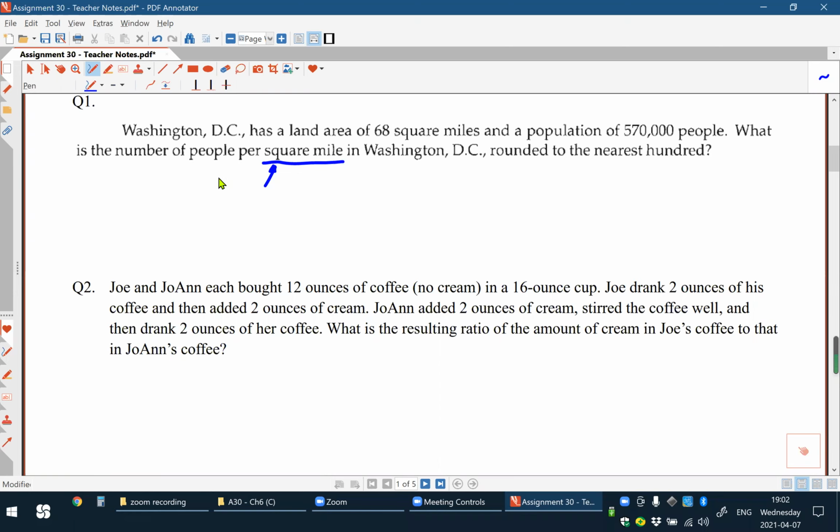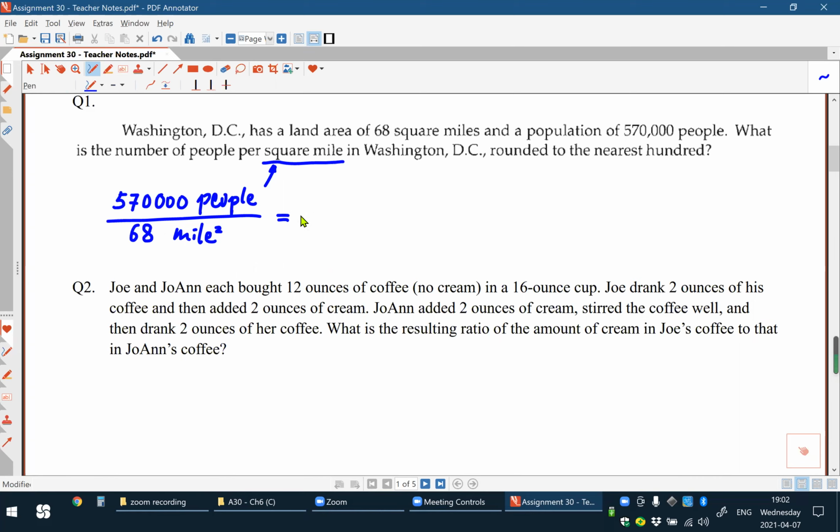So if you want to find number of people per square mile, usually we will use total number of people, which is 570,000 people, divided by the total size of the land area, which is 68 square miles. Okay, so this ratio is number of people per 1 square mile.